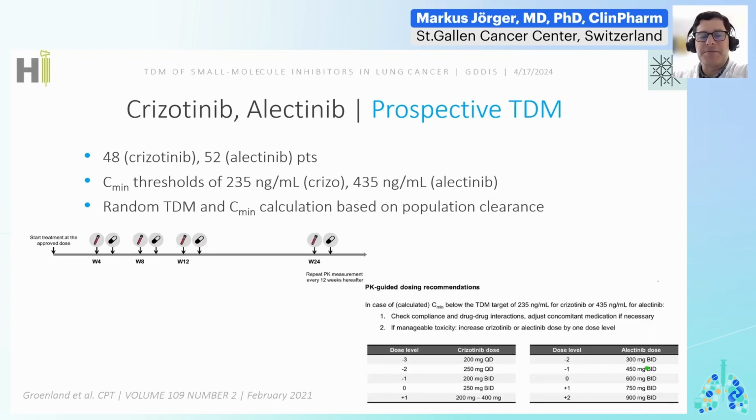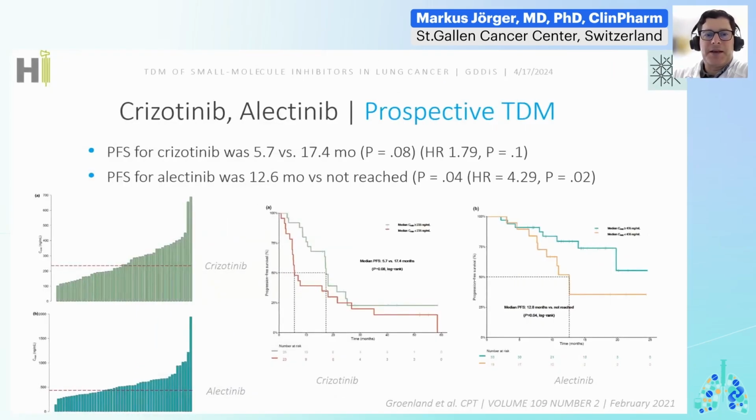Importantly, they did random sampling, and they calculated the C-min based on a formula and on the average population clearance. They used this dosing algorithm that I'm showing here to achieve a minimal C trough level.